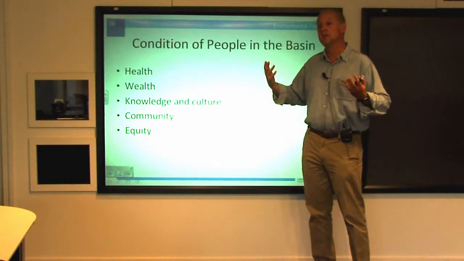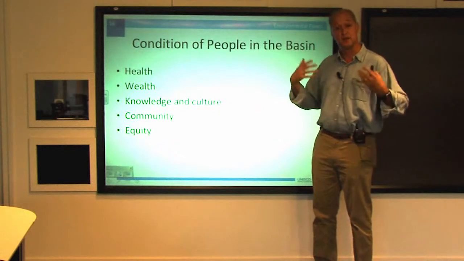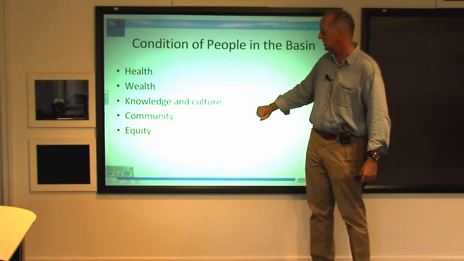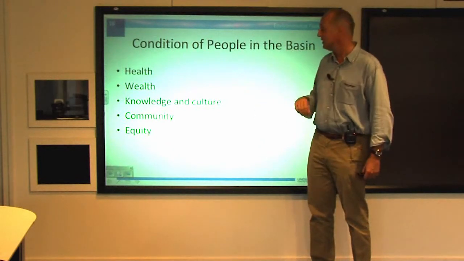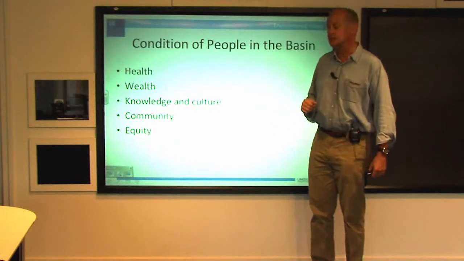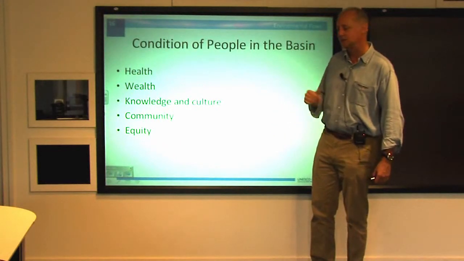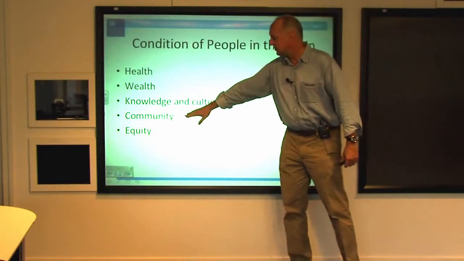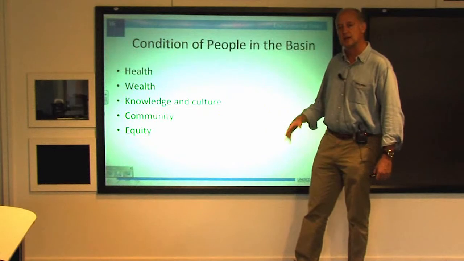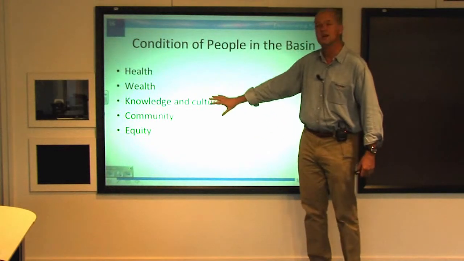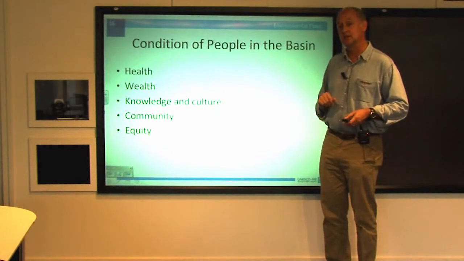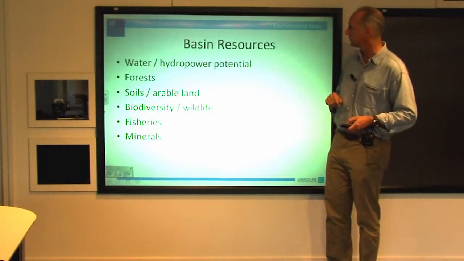The level of education among people, and therefore their perceptions about some of the technical aspects of this study, and also the importance of ecosystem services. I've already mentioned cultural differences that may play into our efforts, information about community, information about equity. In the text that accompanies the slide, you'll find additional information on each of these topics. So I encourage you to have a look at that.